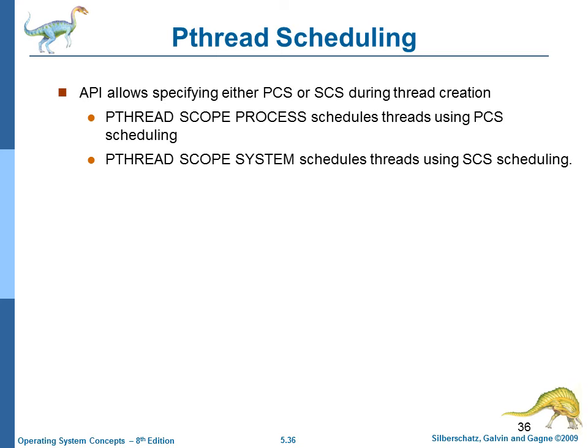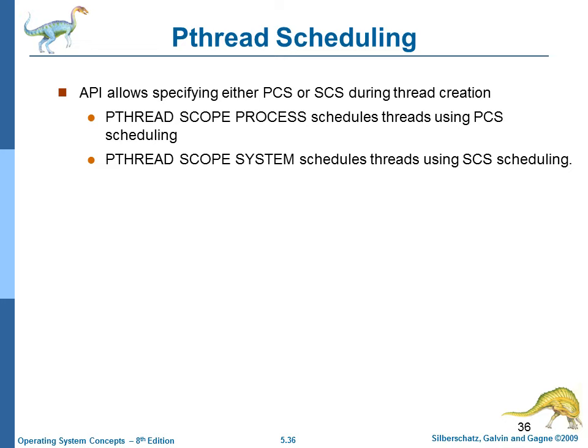If we need to speak about thread scheduling, let's start with the pthread library, which works on a process contention scope and system contention scope. Actually, the pthread library provides for specifying scope contention. PTHREAD_SCOPE_PROCESS schedules threads using process contention scope by scheduling user threads onto available lightweight processes using the many-to-many model.